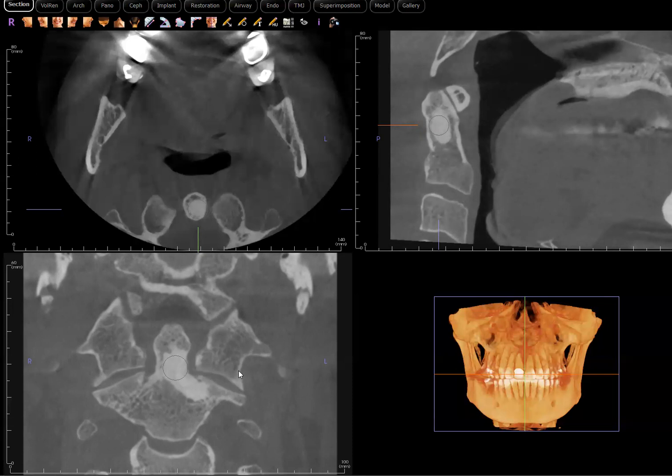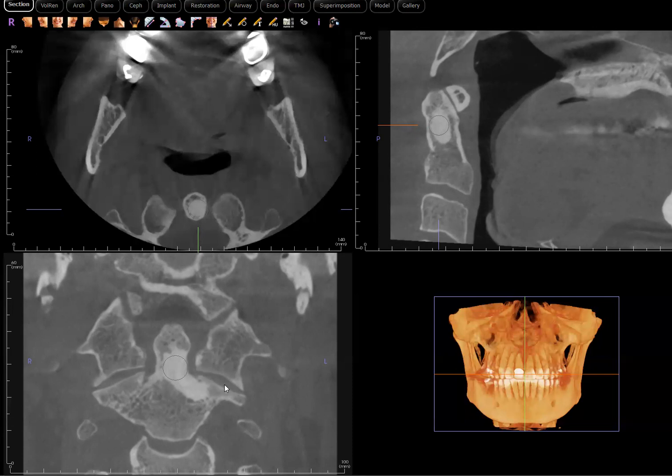breast cancer. But when I looked at the patient's medical history, I did not see any history of cancer. So one thing that I would ask the patient is whether there is any unusual bone pain in the neck.